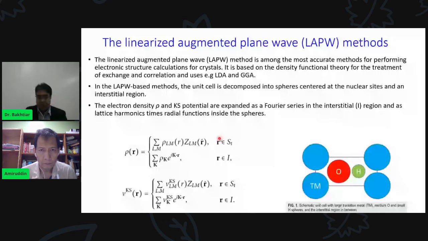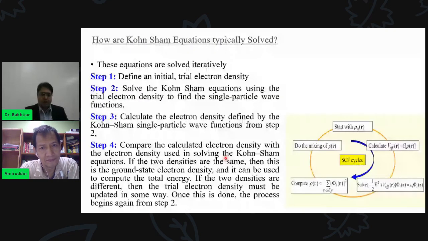So the Kohn-Sham equations are solved within this approach, the LAPW approach. The Kohn-Sham equations are solved iteratively. In the first step, an initial trial electron density is assumed. Then in the second step, the effective potential is generated from the starting density.